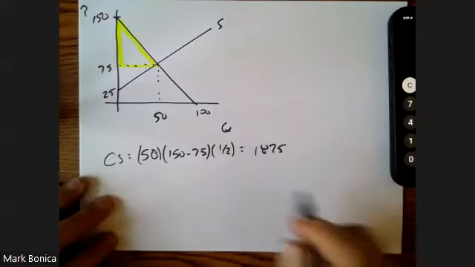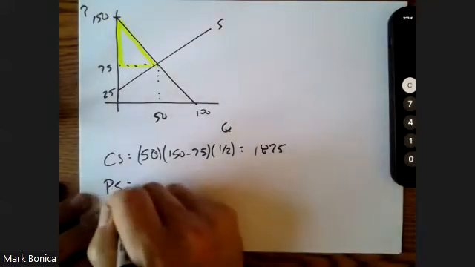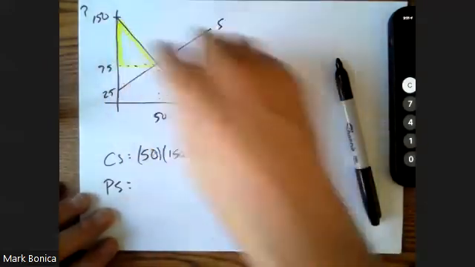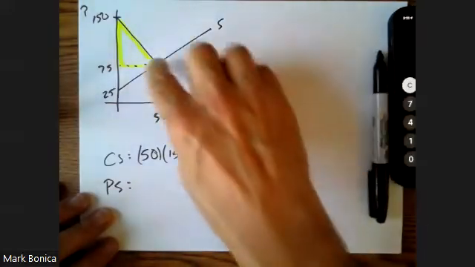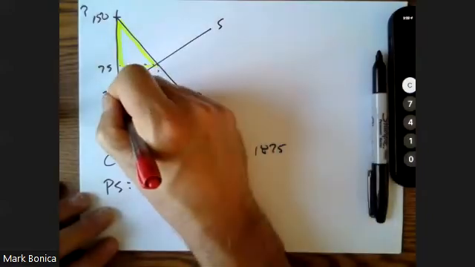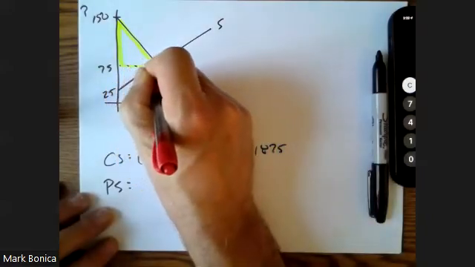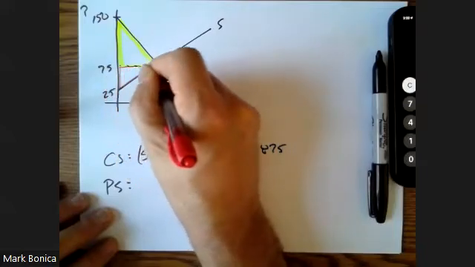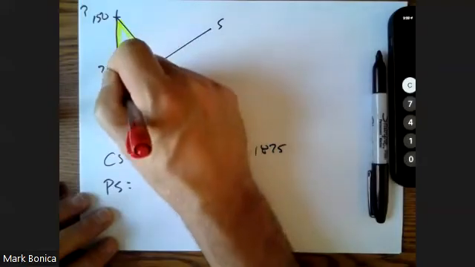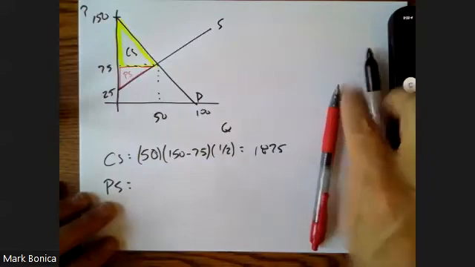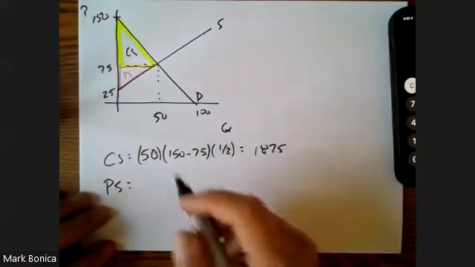It doesn't ask, but we can also do the producer surplus, right? So if the area above the price line but below the demand curve is the consumer surplus, then the area above the supply curve but below the price line is the producer surplus. Right? And so the producer surplus is, again, just a triangle.